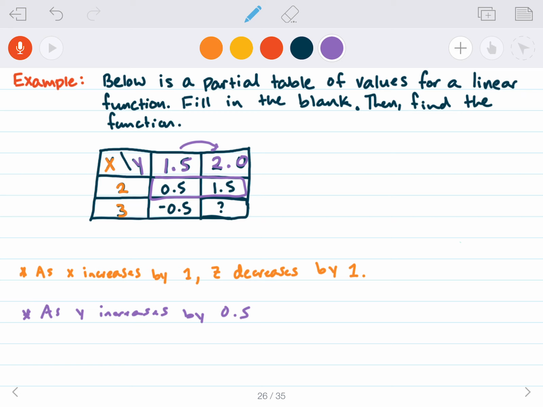We're going from 1.5 to 2 in the y's, and then in a similar way, we're going from 0.5 to 1.5 in the z's. Okay, so as y increases by 0.5, z decreases. Oh, I'm sorry, not decreases, I meant increases by 1.